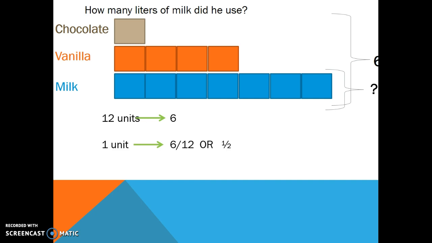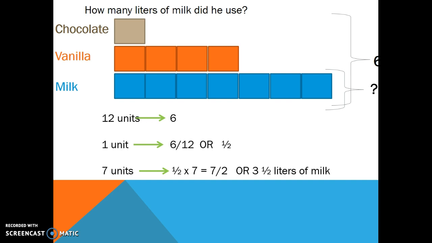Ooh, that's tricky, isn't it? That's a fraction. So I could reduce that and say 1/2. Now I want to solve for 7 units. So 7 units is going to equal 1/2 times 7, which would equal 7 halves. And if I change that to a mixed number, it's going to equal 3.5 liters of milk.